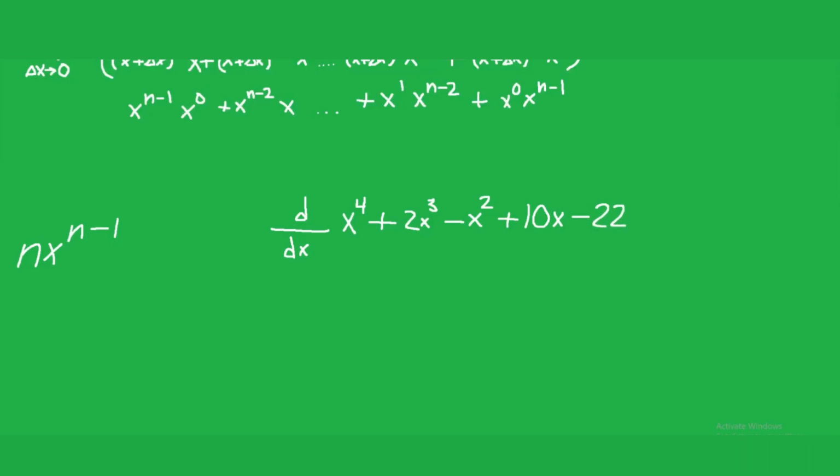Okay, I just made this up. There's nothing special about this. So this is going to be a combination of the sum rule, the power rule, and the constant multiple rule.